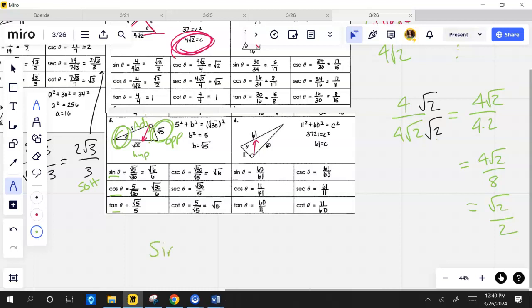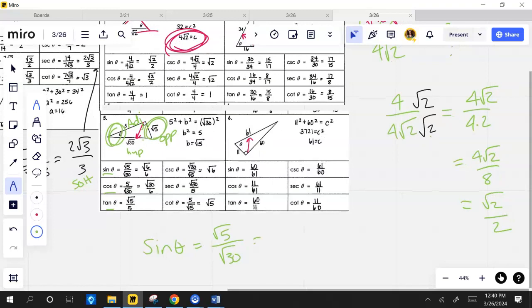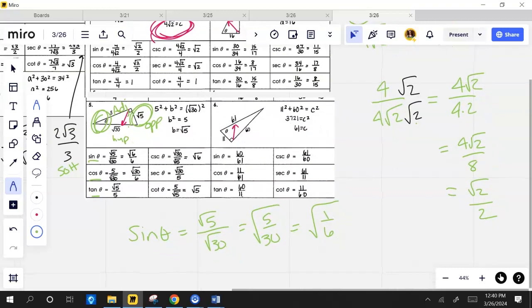Okay, so sine, opposite is square root of 5. And then hypotenuse is square root of 30. Okay? Okay, so this is the same thing as the square root of 5 over 30, which is 1/6, right? So this is 1 over the square root of 6. The square root of 1 is 1.